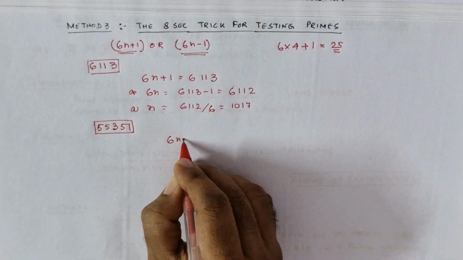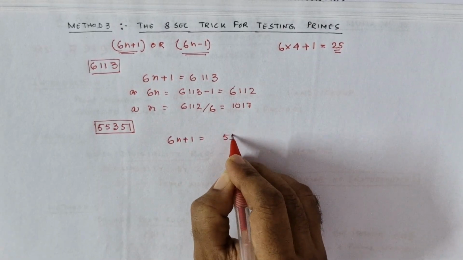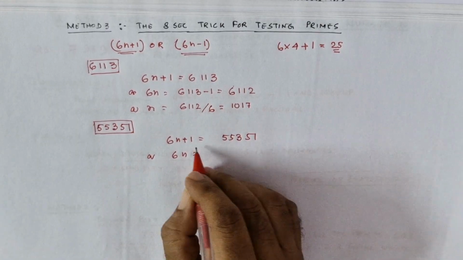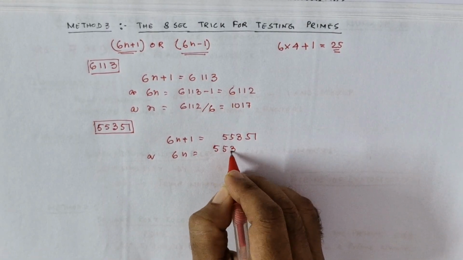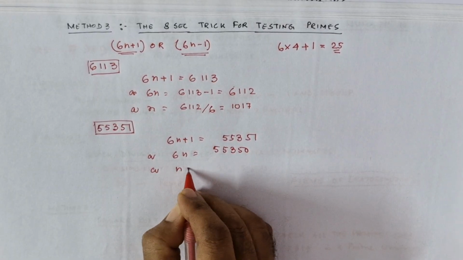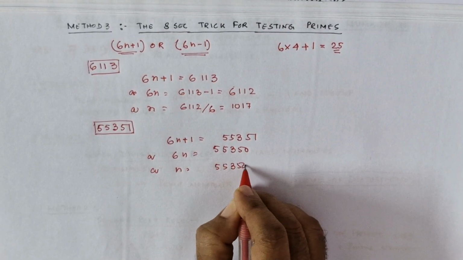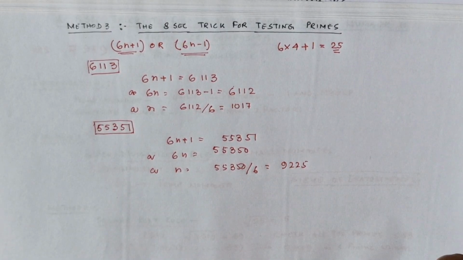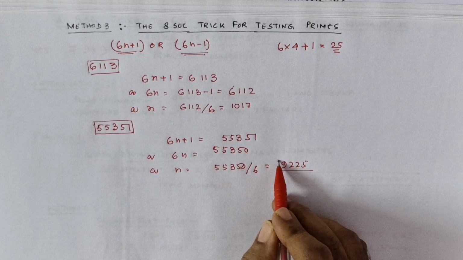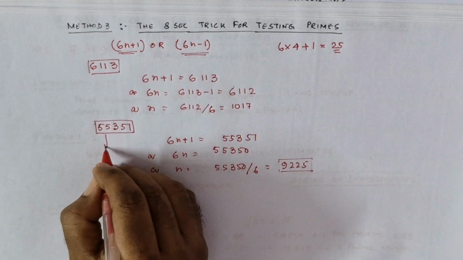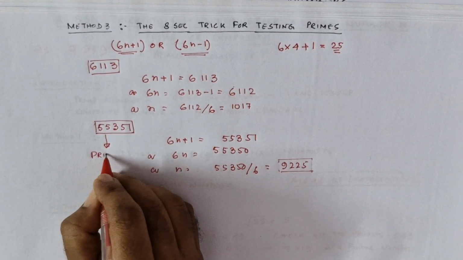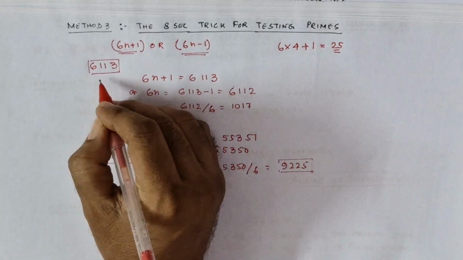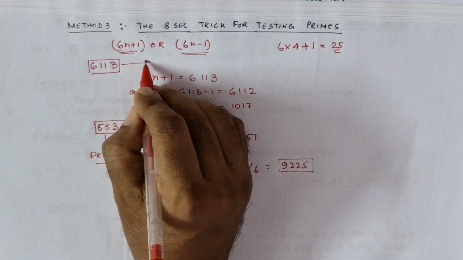We write 6n plus 1 is equal to 55351, or 6n is 55351 minus 1, which is 55350, or n is 55350 divided by 6, which gives you 9225. Voila. See, this is a natural number, so we can say this is a prime number. Got it?